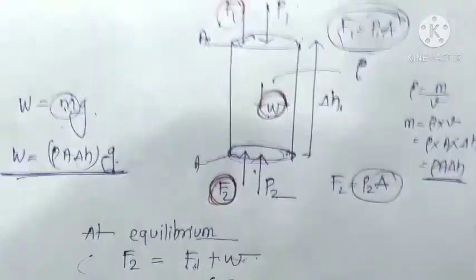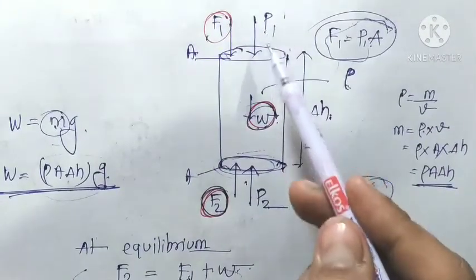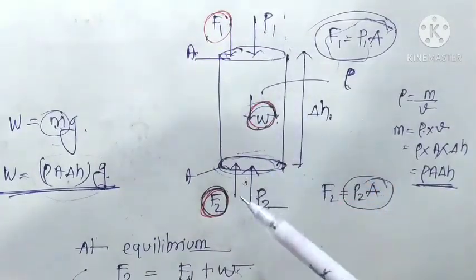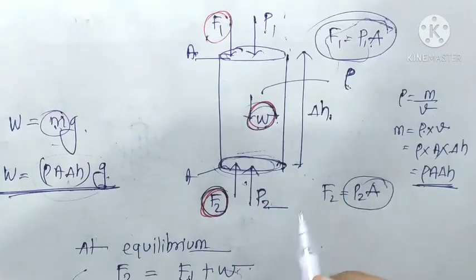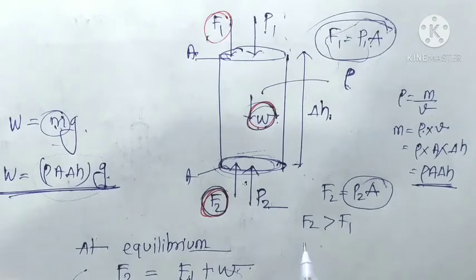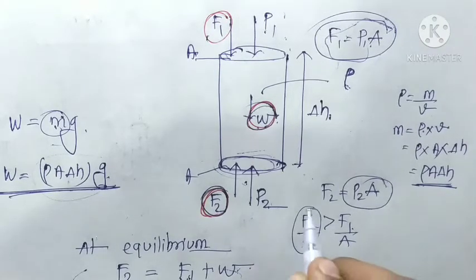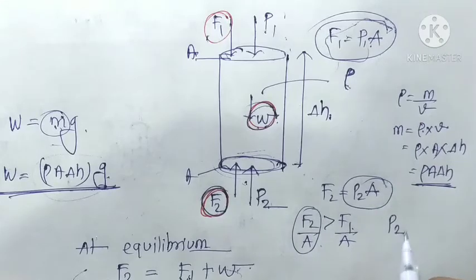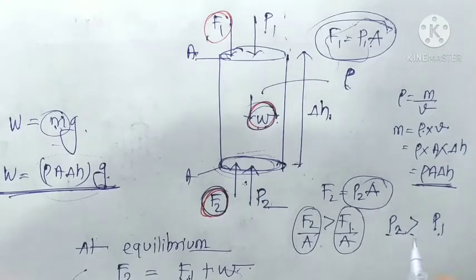Here you can see the difference of two pressures, P2 minus P1. It gives F2 is greater than F1, so we divide both sides by A. What does it give? Pressure P2 and this P1, so P2 minus P1 is greater than 0.